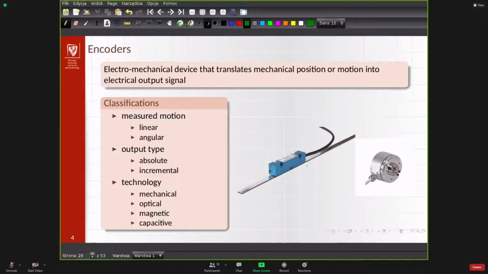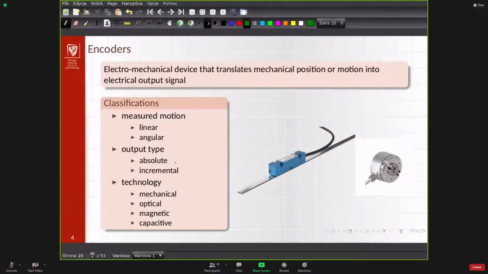Just two examples you can see to the right. One is the linear encoder. As you can guess, you measure the movement along the line. Then there is the rotational encoder, the angular one that measures the angle. What does it mean that the output is absolute or incremental?